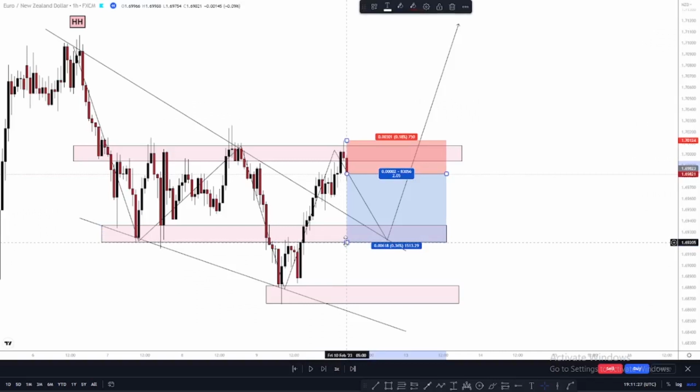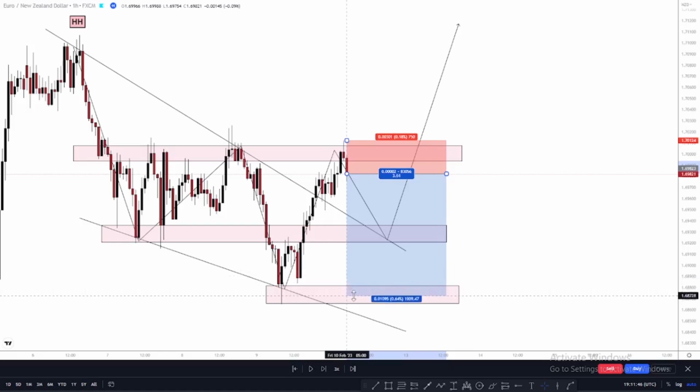And where will our second take profit be in case price gets to this level and fails to create the right shoulder, or in case price breaks below this level? This is where our second take profit will be, at this support level. Okay, so now let's continue to play to see how it played out.